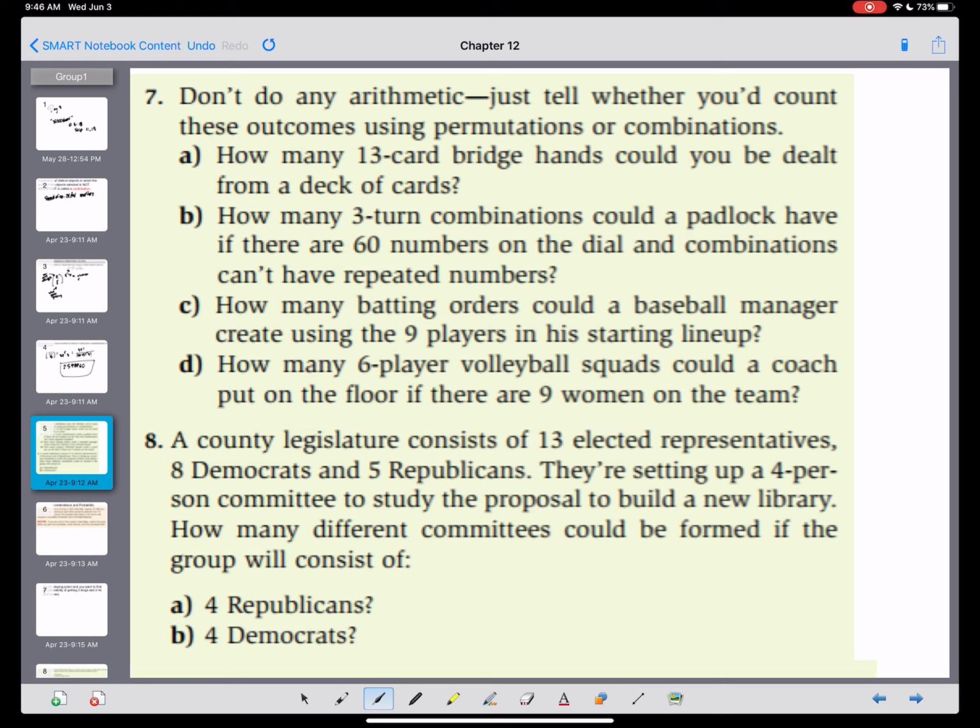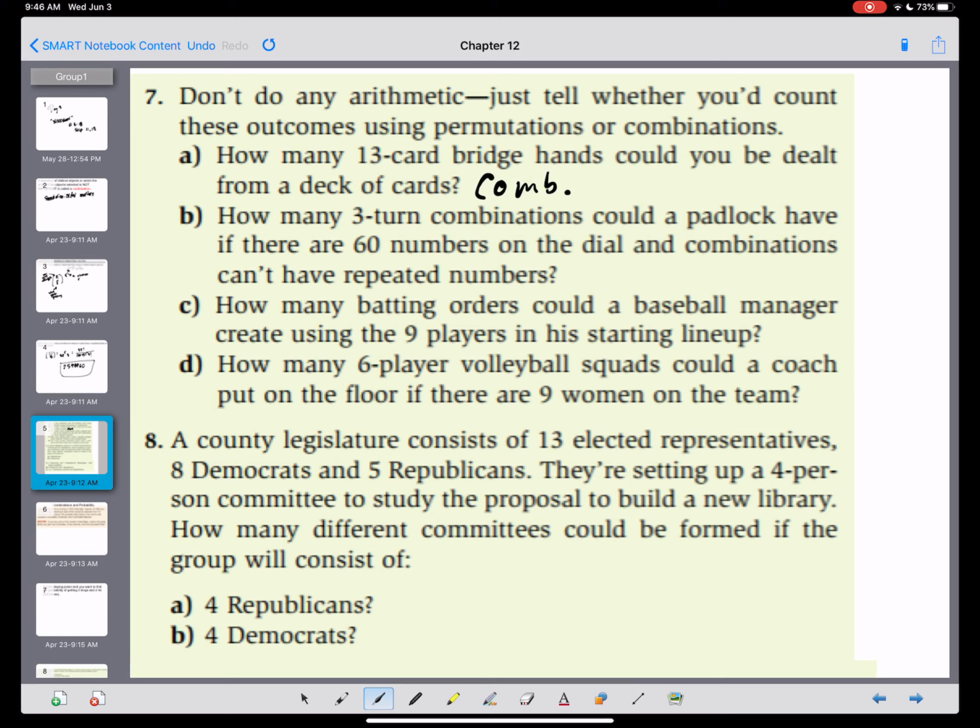Don't do any arithmetic. Just tell if you'd use permutation or combination. How many 13 card hands could you be dealt from a deck of cards? The first one I would say is a combination, just because it doesn't matter what order you get the cards, because the hands would still stay the same.